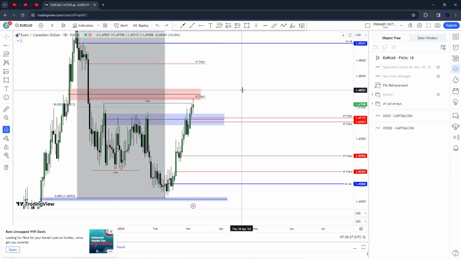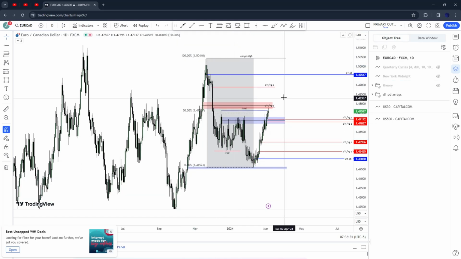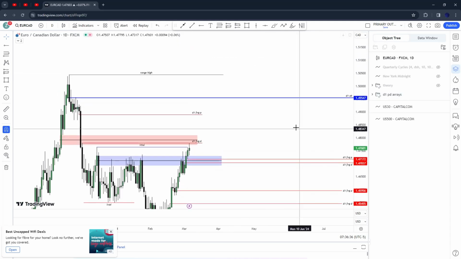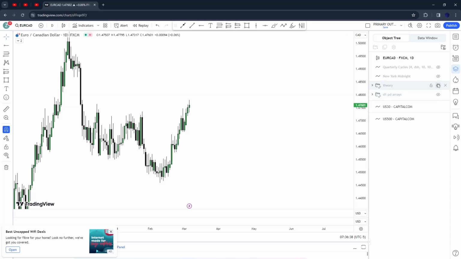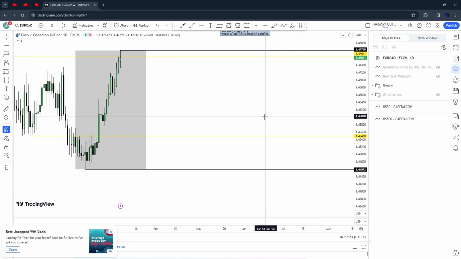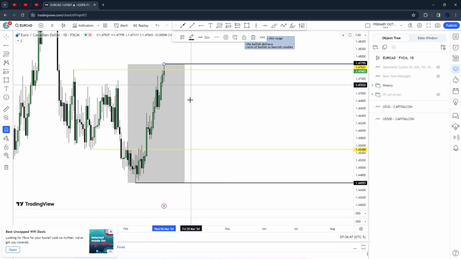Let me remove the fib. Okay, we've got two on. Let me remove the fib, and then let me remove these as well, and then I want to talk about something. Okay, so the black lines that you see on the chart, this is our current range which we're operating in. The yellow lines is an independent range before we ran liquidity, right?